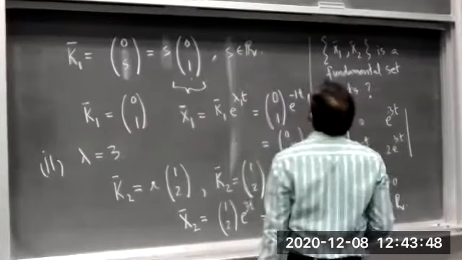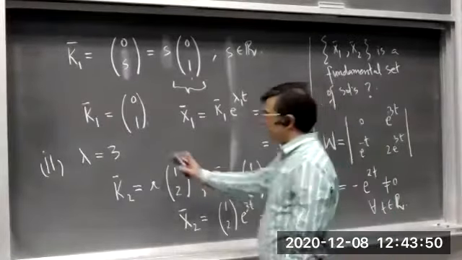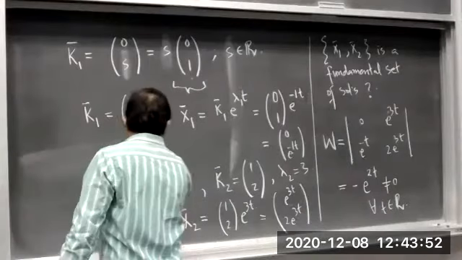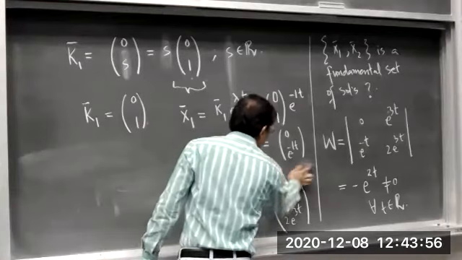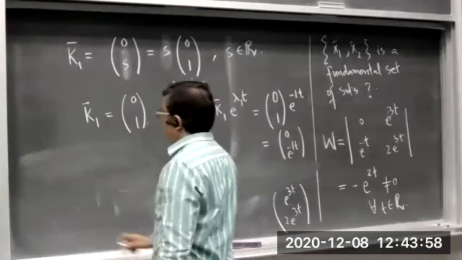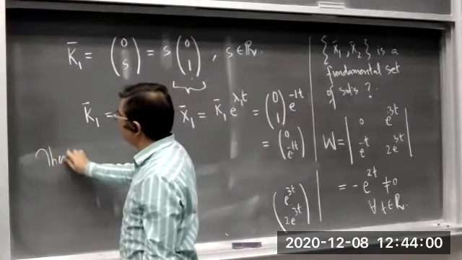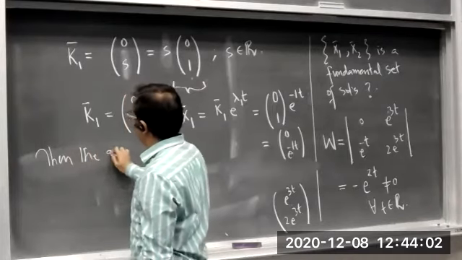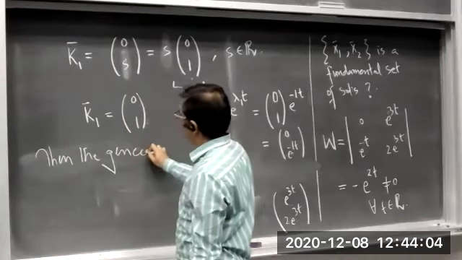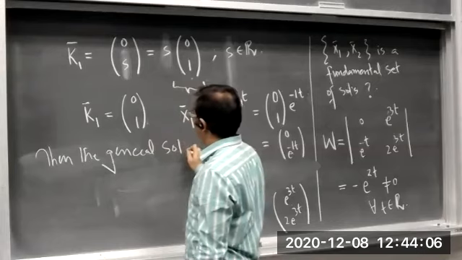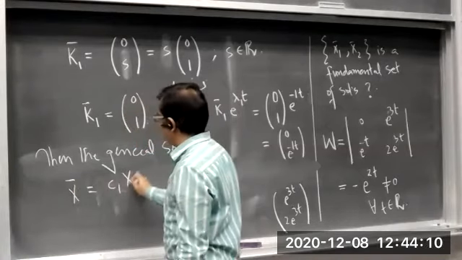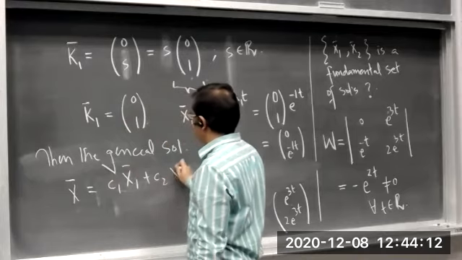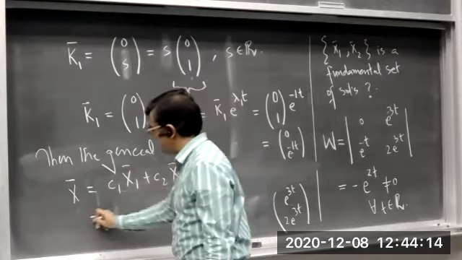Where should I write it? Let me raise this thing. Then the general solution can be written as X equal to C1 x1 plus C2 x2. And what is x1?